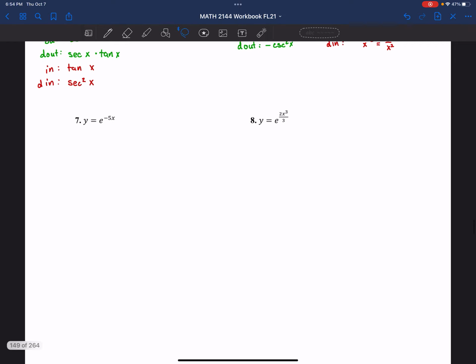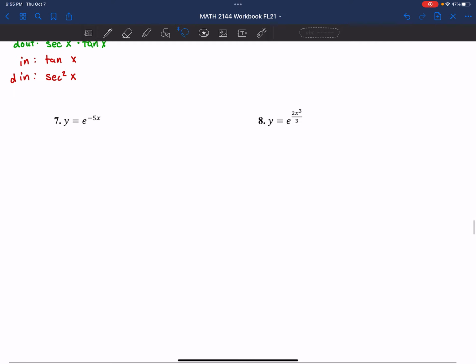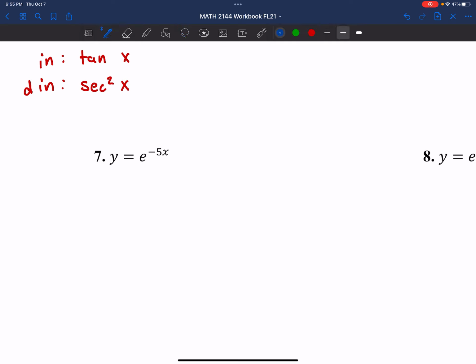So number 7 and 8, we've actually kind of seen this guy a little bit before, and we used the quotient rule to figure out something like, we already did the derivative of e to the minus x by using the quotient rule, but you can see that it's just going to be e to the minus x times the derivative of the inner, which is minus 1. So again, we find that its derivative is minus e to the minus x.